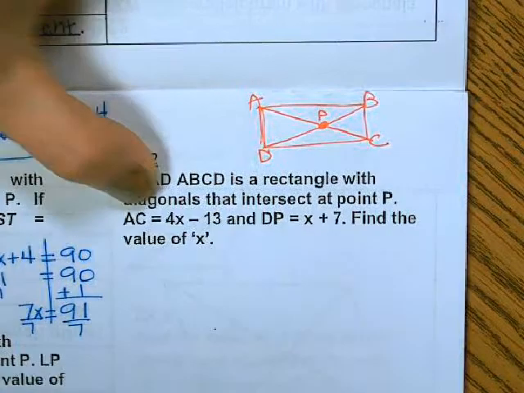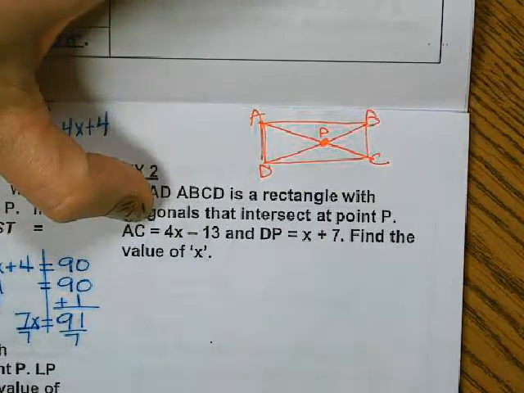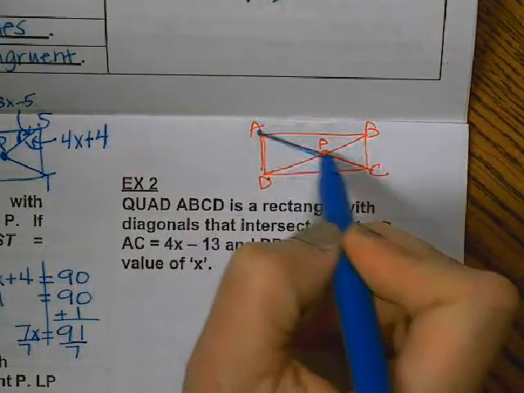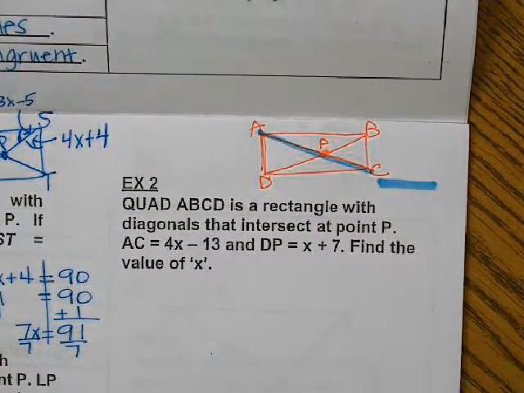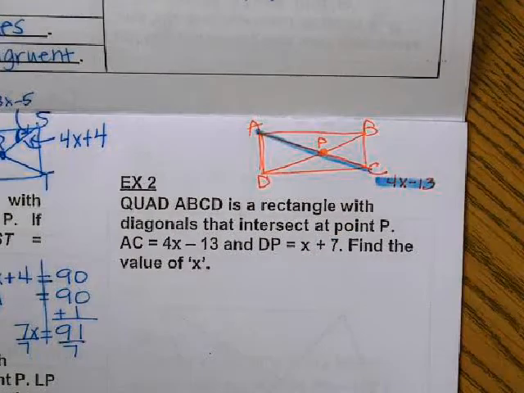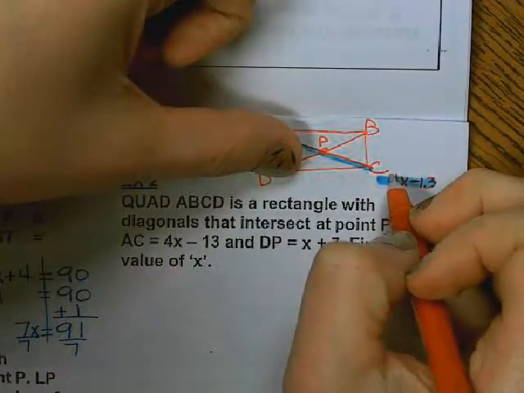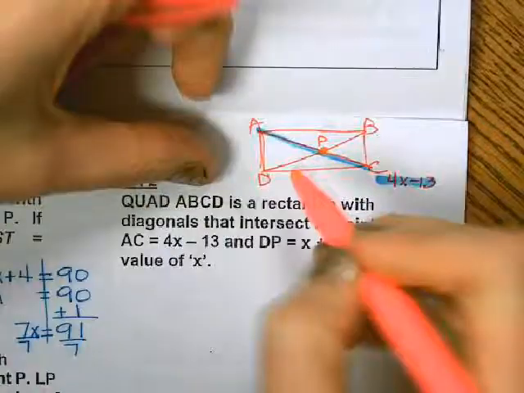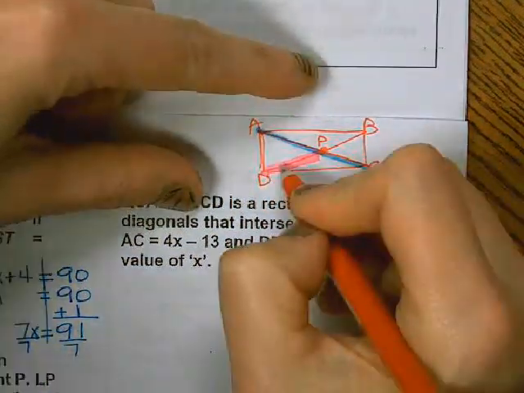So that's point P. It says, if AC is 4x minus 13, so that's this whole length right here, A all the way to C is 4x minus 13. I'm just going to highlight that so we know it's the whole length. And then it says that DP, which is just this little bitty length, is equal to x plus 7.